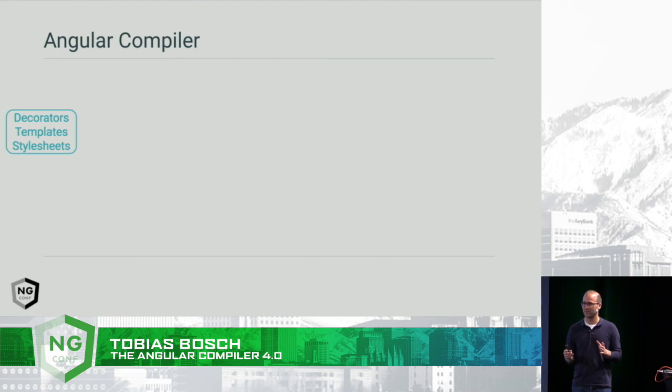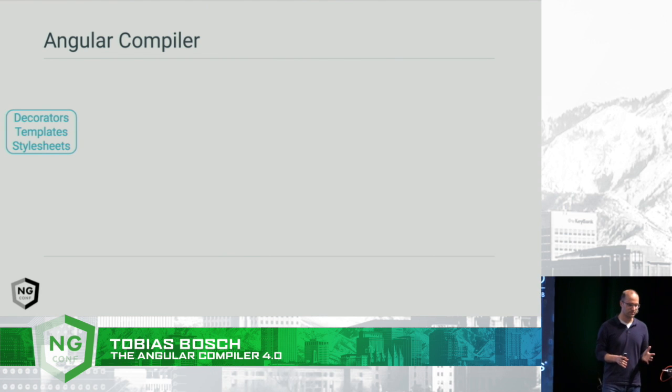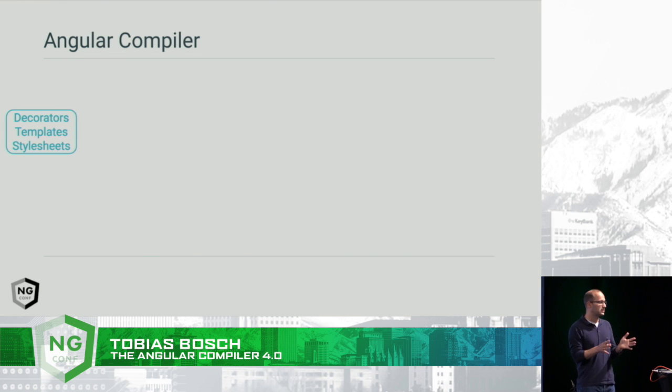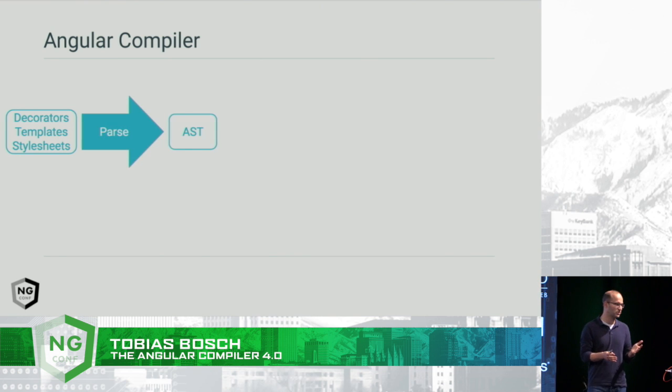To understand that, let's make a quick overview of what the Angular compiler does. The Angular compiler takes all the metadata you write in the form of decorators, all your templates, and all your style sheets, and it analyzes them. You can call this parsing. Then it builds a tree out of it, called an abstract syntax tree.